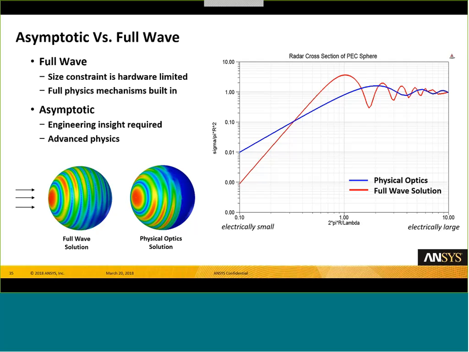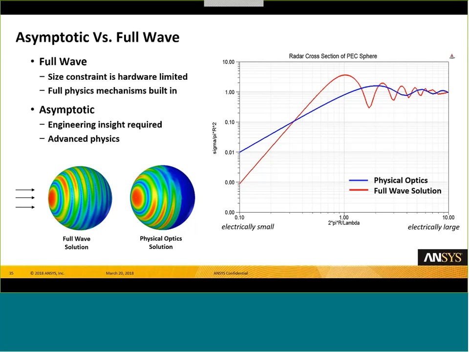And that's an example of the fact that a full wave technique really handles all of those physics for free. But in a physical optics solution, that has to be coded in to be able to match. And if you're looking at pure physical optics, you simply don't represent the physics the same way you do in a full wave solution.